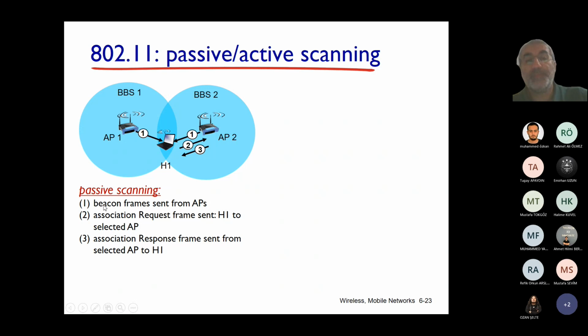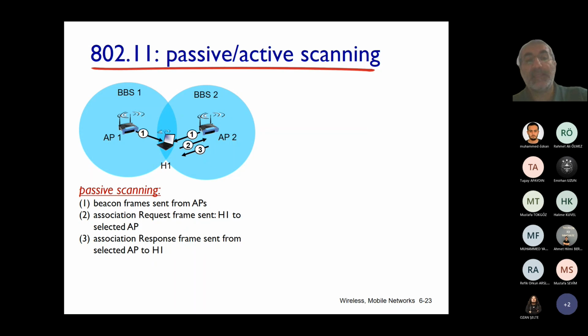In the first step, beacon frames are sent from access points. Who initiates? The access point initiates this process. Access point 2 and access point 1 send, or broadcast, the beacon frames. In the second step, host 1 selects one of these access points.